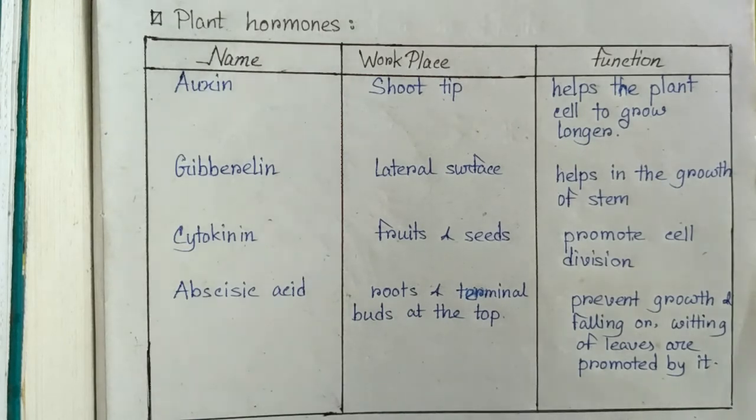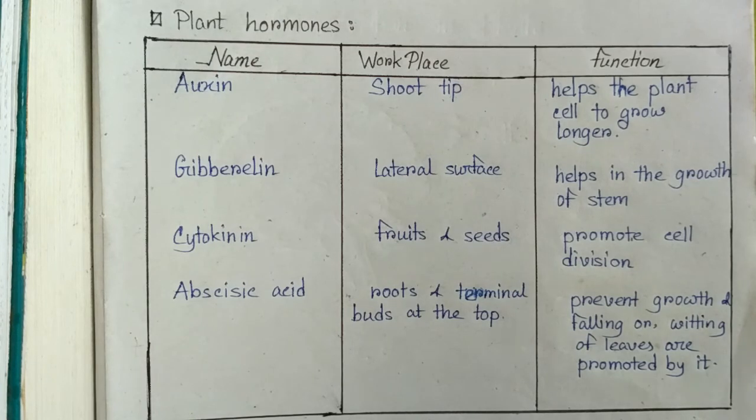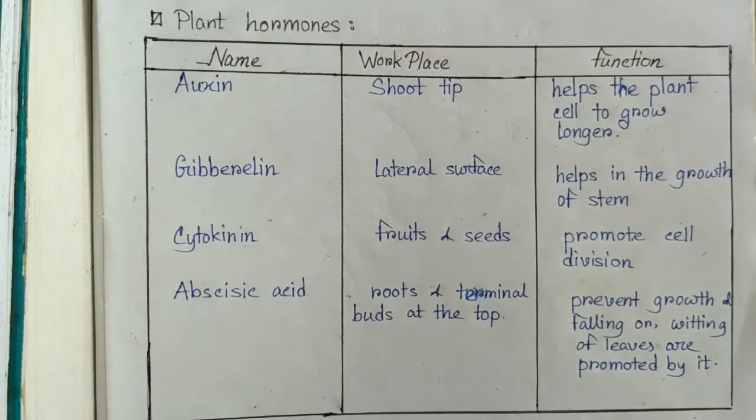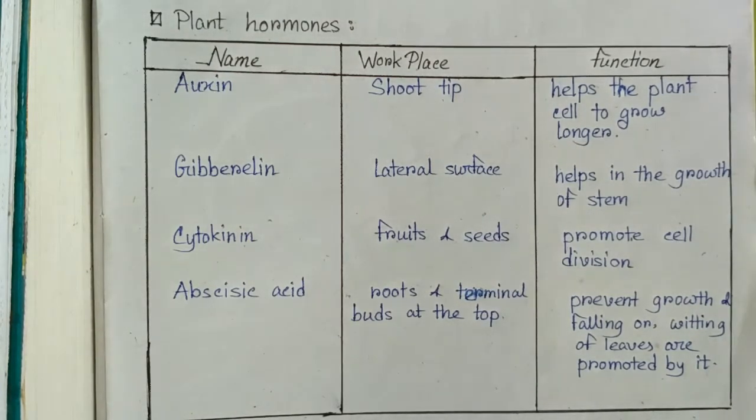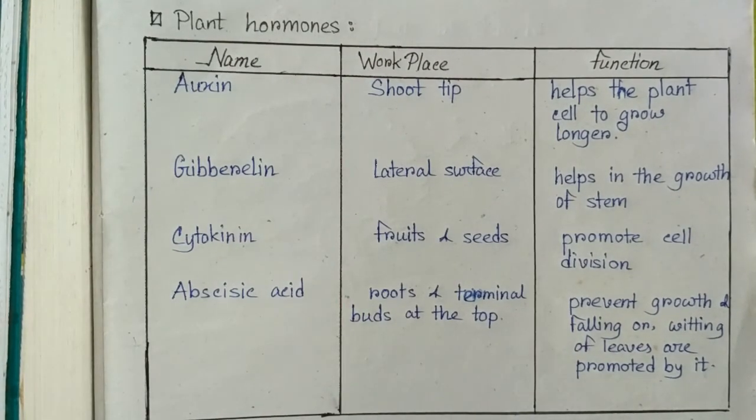Cytokinin is generally present in fruits and seeds, and its main function is to promote cell division. The best example of cytokinin is its presence in coconut water or any type of seeds which have albumin in them.